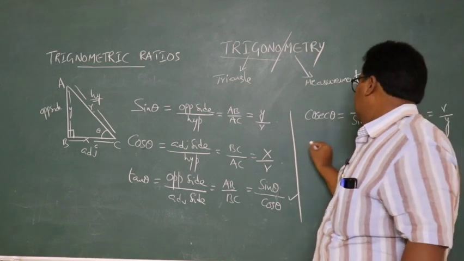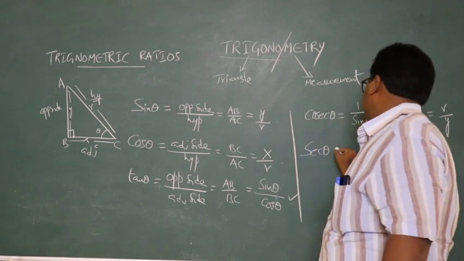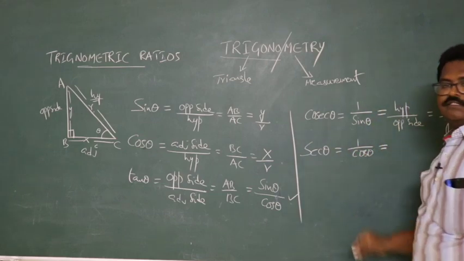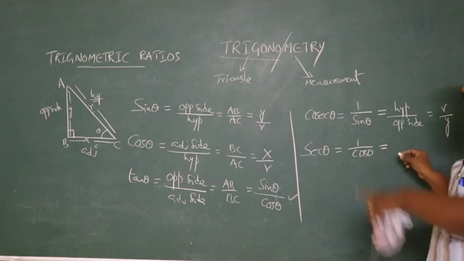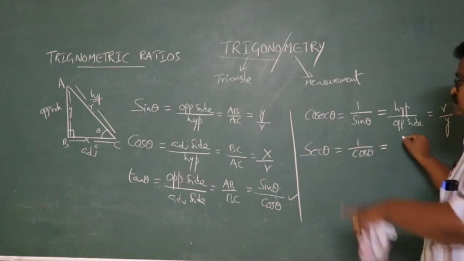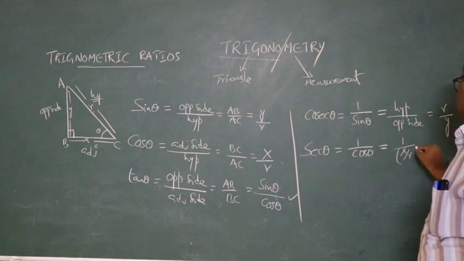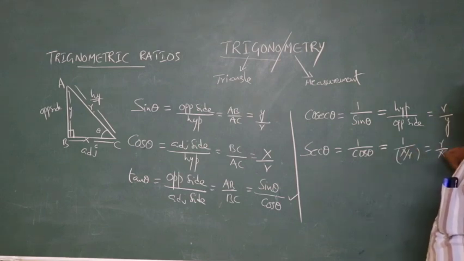Similarly, secant theta is 1 by cos theta, which is r by x.